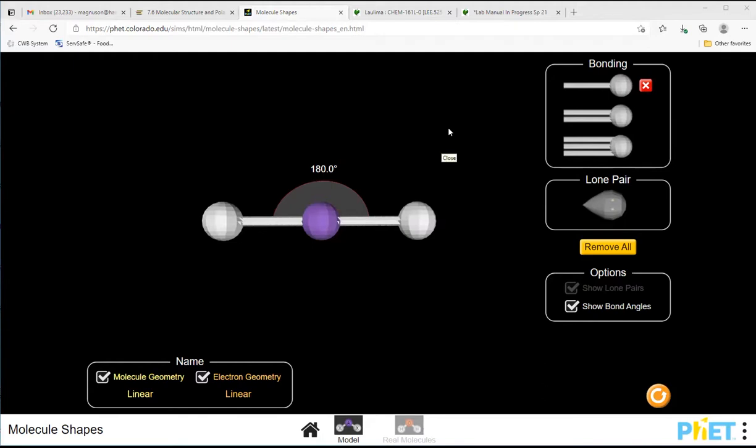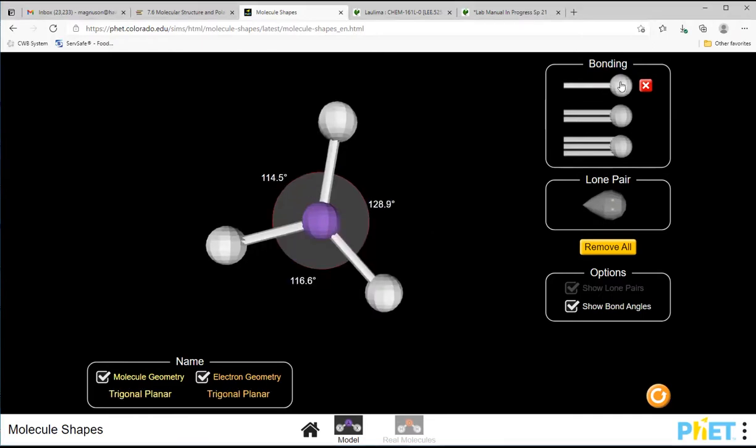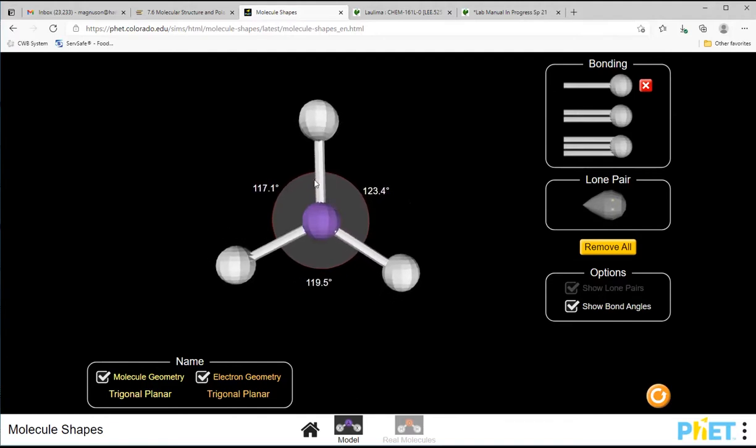You can actually do this with balloons. If you blow up balloons, keep them all the same size, and attach two balloons at the center, you'll see that they take on a linear shape. If you add a balloon, you'll see it take on a trigonal planar shape. All of these are in the same plane, and the angle is 120 degrees.